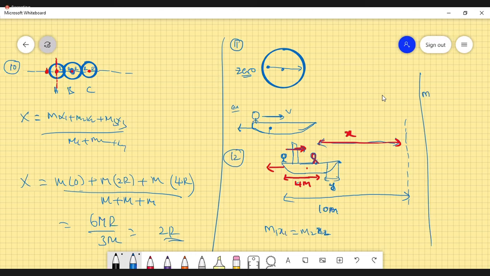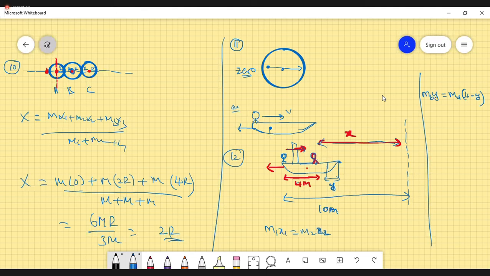So mass of the boat into the distance traveled y equals m2, the mass of the dog, into the distance it traveled in the forward direction, 4 meters. The boat is moving in the opposite direction by y, so the dog's distance is 4 minus y.